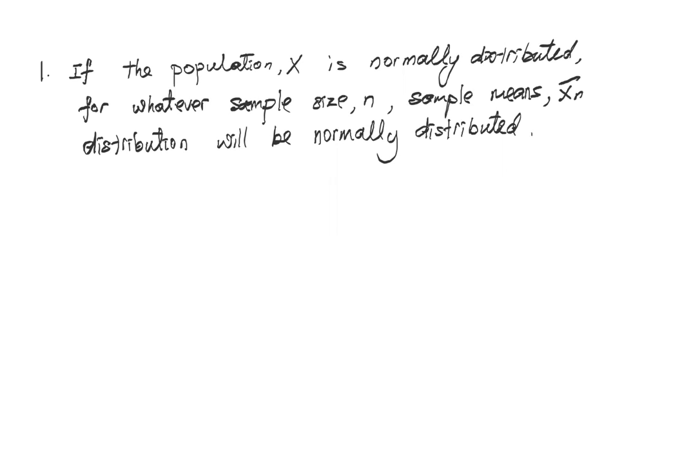Do you get what I mean for this statement? If the population X is normally distributed, regardless of the sample size, the sample mean is normally distributed. So I don't have to follow the rule of thumb of n greater than 30. Are you clear?